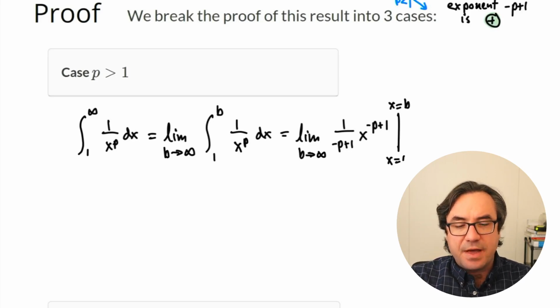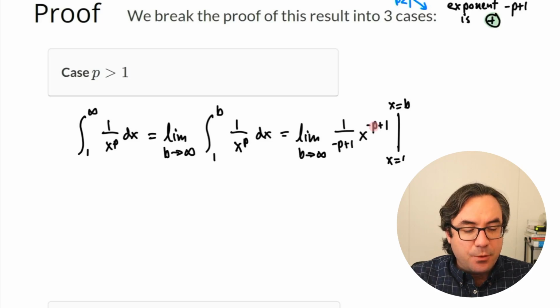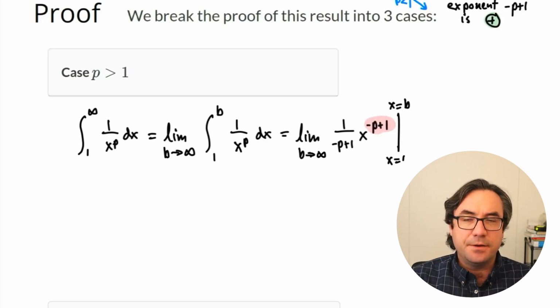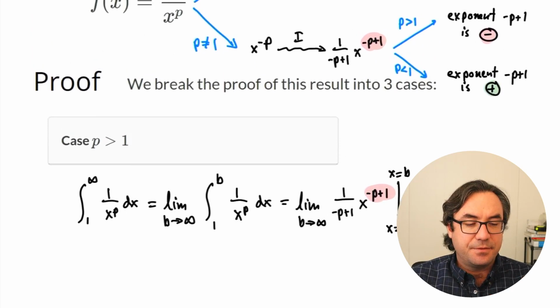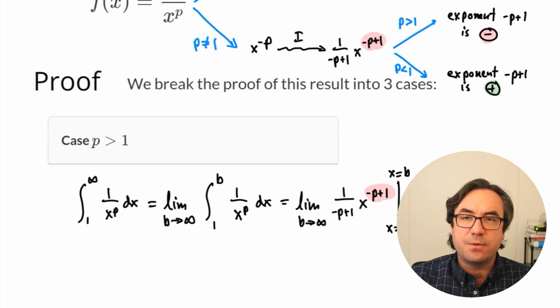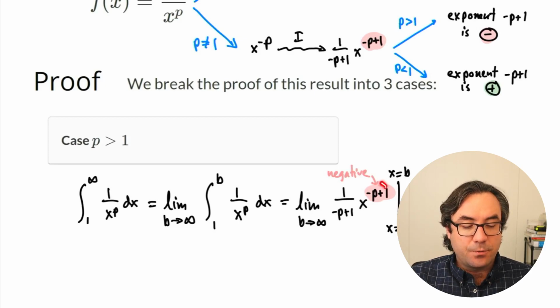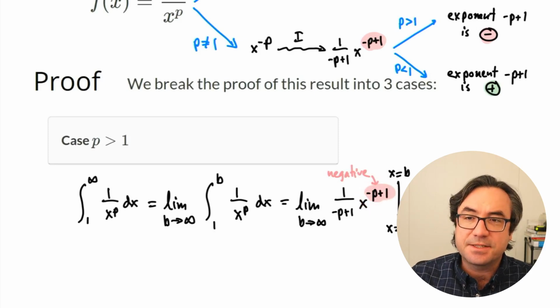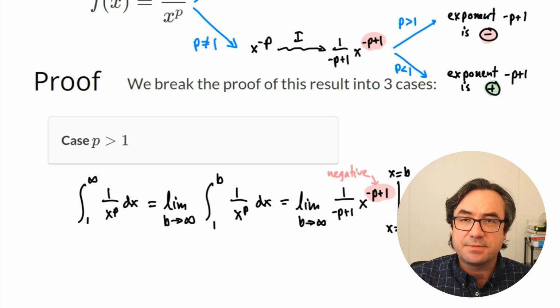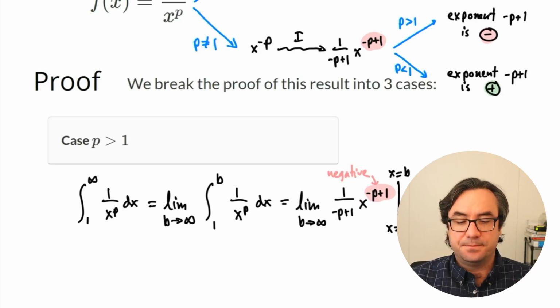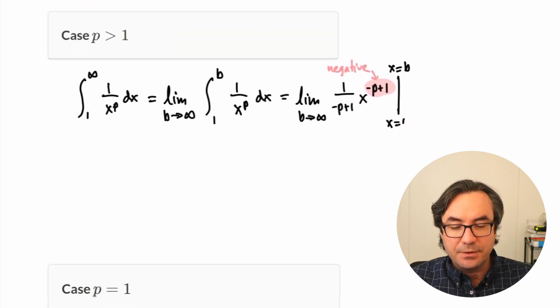Now, before we do that evaluation, this exponent here, this negative p plus 1, we said it was negative. So we're in this case when p is greater than 1. So our exponent there is negative. Whenever we have a negative exponent, it's usually helpful to rewrite that back as a fraction. So we're going to rewrite this power of x. Rather than having a negative exponent, we're going to write it as a fraction. So how is this going to look?